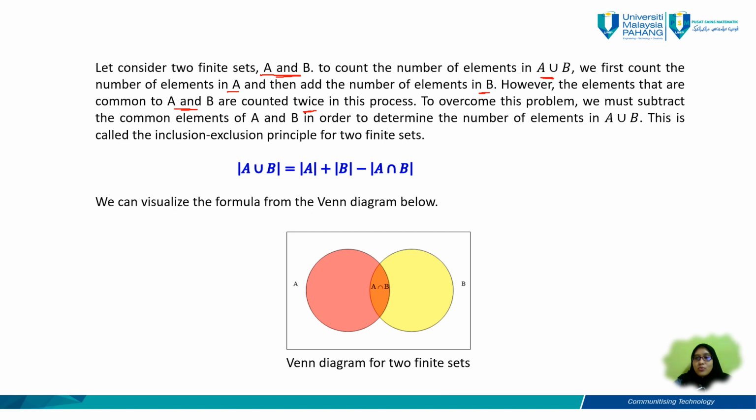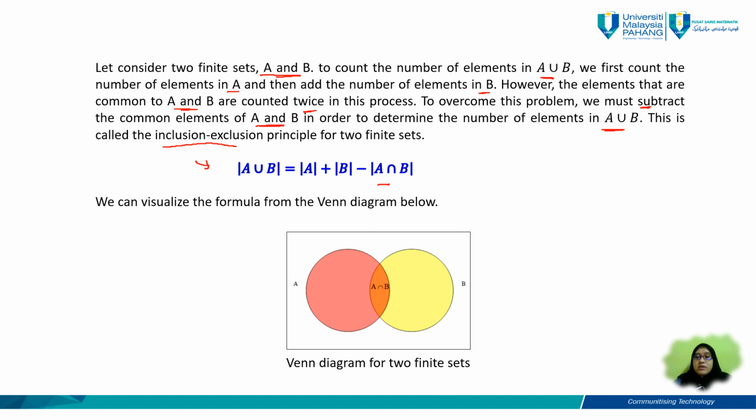To overcome this problem, we must subtract the common elements of A and B in order to determine the number of elements in A union B. This process is called the inclusion-exclusion principle for two finite sets. So this is the formula: the size of A union B is equal to the size of A plus the size of B minus the size of the intersection of A and B.